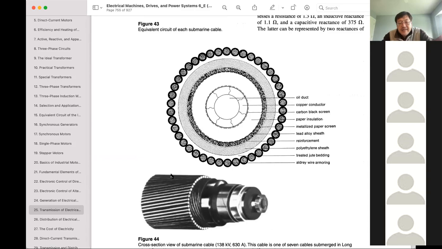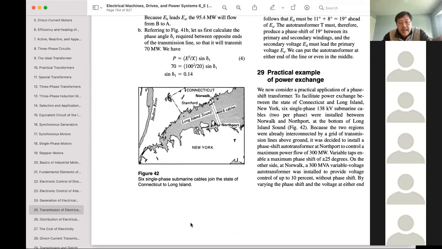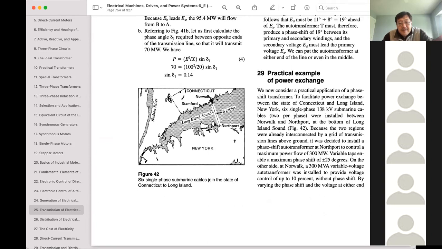So protection jackets, steel protection. So they have 6 of those cables, starting from here to the other side. And they have a phase transformer here to control the flow of energy up to 300 million watts.